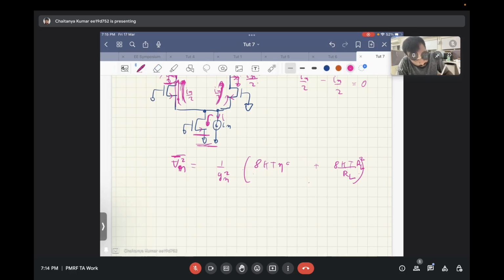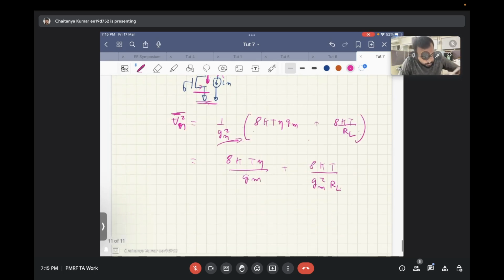If we take this gm square inside this bracket, it will become 8 kT eta by gm plus 8 kT by gm square times RL. Okay.